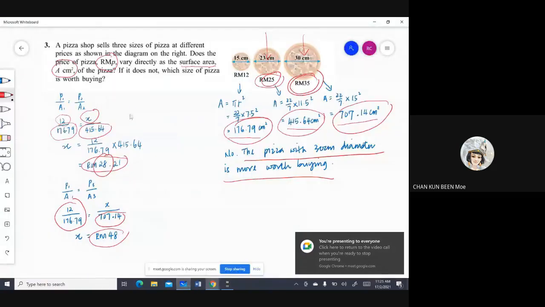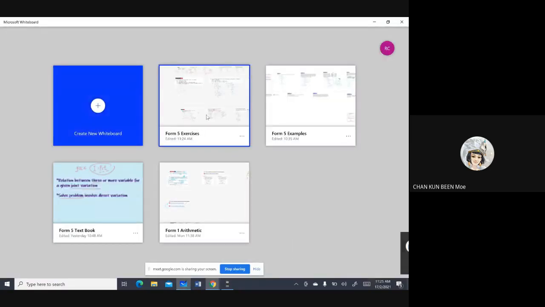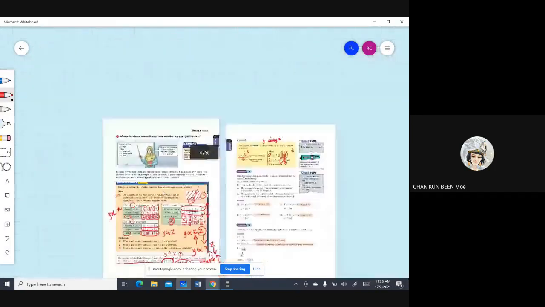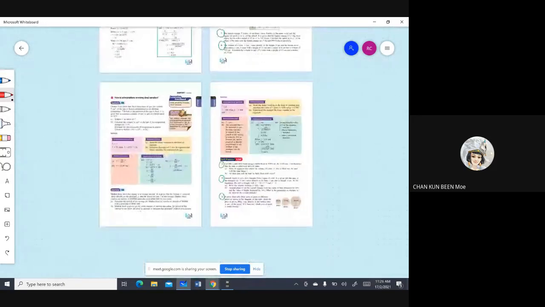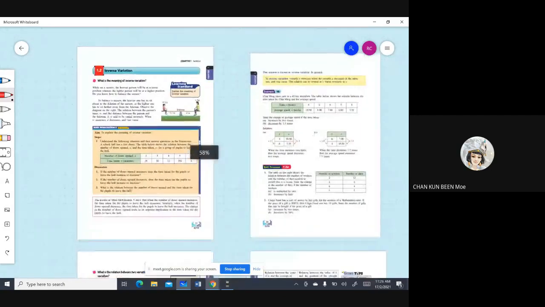Okay, so I'll show you, look at your textbook. We'll look at the example from your textbook. If you have a textbook with you, page 17. Okay, this is the one.